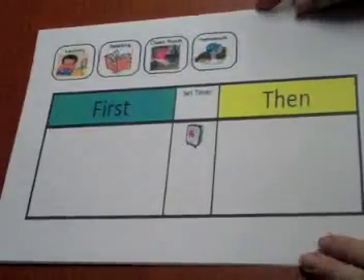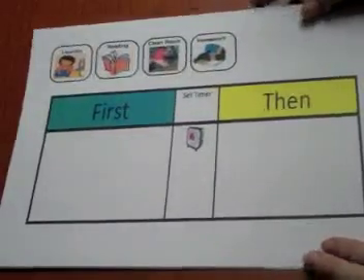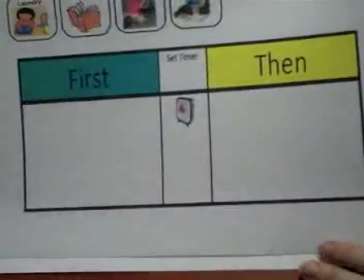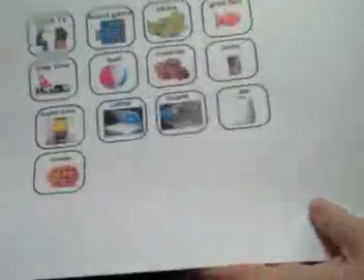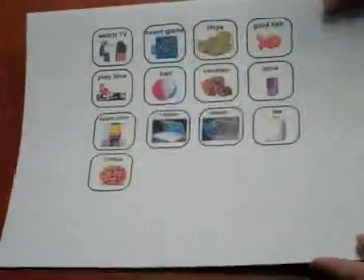You will have a first-then template, and you will also have a page of different types of pictures. If this is not what you need to make your first-then board, if you need actual objects, then at this time you can go and gather some of those objects.